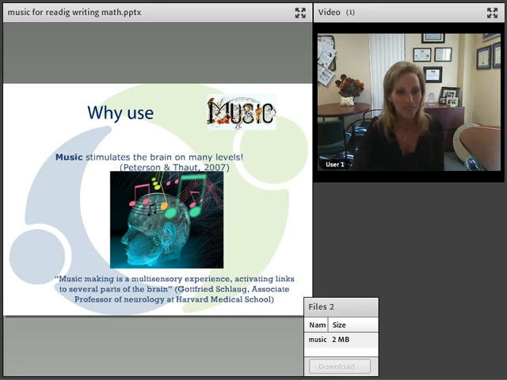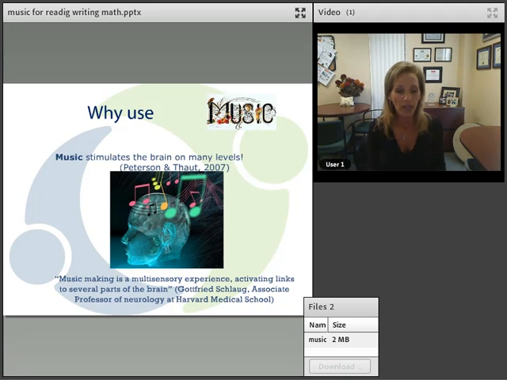Okay, so why are we going to use music? Music really stimulates the brain, and it does so on many levels. This has been researched, and more research is coming out every day on the power of music because it is a multisensory experience.